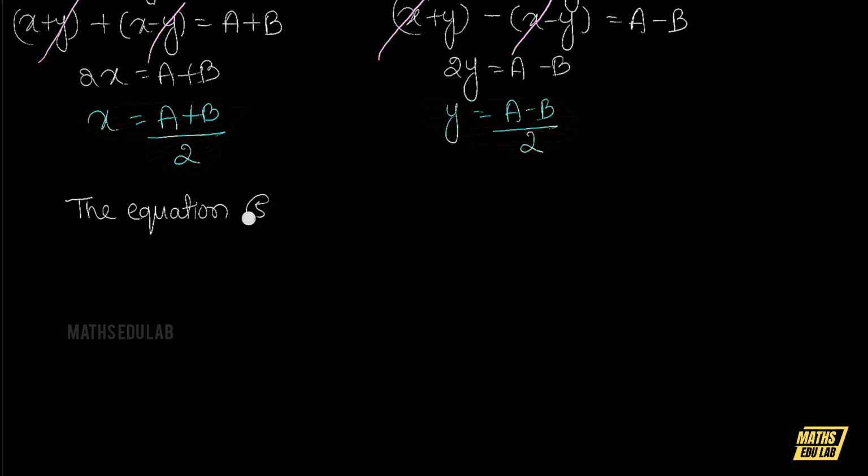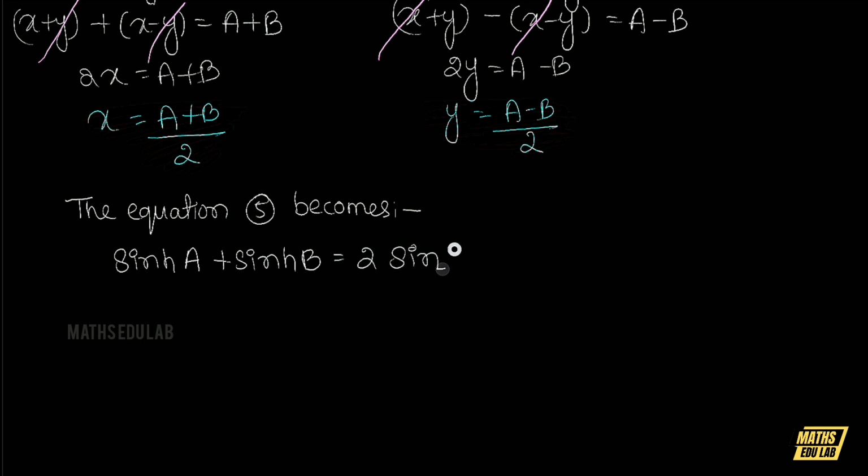Equation 5 becomes sine hyperbolic a, because in that place x plus y was written, plus sine hyperbolic b, which is equal to 2 sine hyperbolic a plus b upon 2 into cos hyperbolic a minus b upon 2.